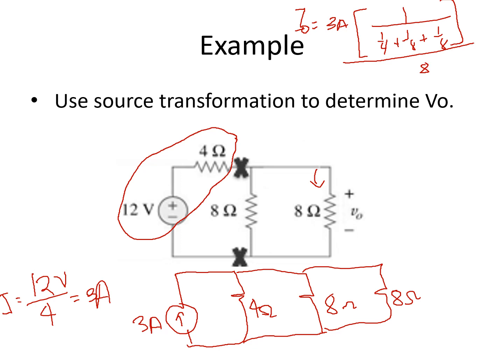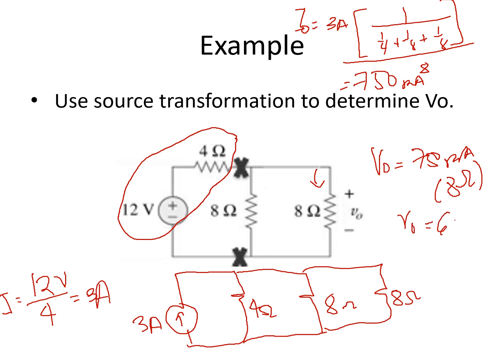That will give you 750 milliamperes. So the voltage output is the current, 750 milliamperes, times 8 ohms. So Vo is equivalent to 6 volts. We converted this source into a current source so we can easily use the current divider principle.